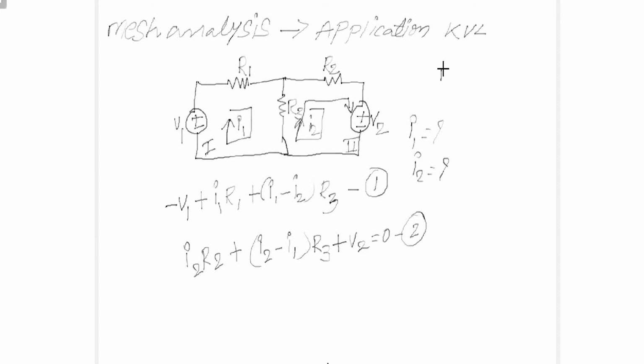Just multiply I1 with R1. If I want to find the voltage drop across R2, multiply I2 with R2. And for the voltage drop across R3, multiply R3 with I1 minus I2. By following this procedure, we have found currents in individual meshes.